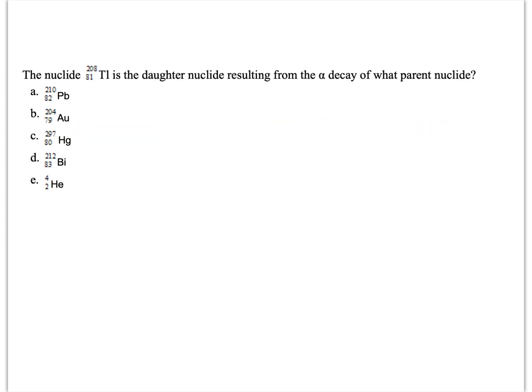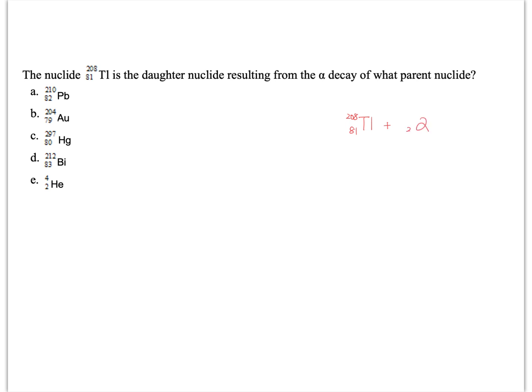The last question here: we were given the nuclide that is the result of alpha decay, and it asks what is the parent nuclide. What does that even mean? Basically, what we have here is the product nuclide, plus an alpha particle from the alpha decay.